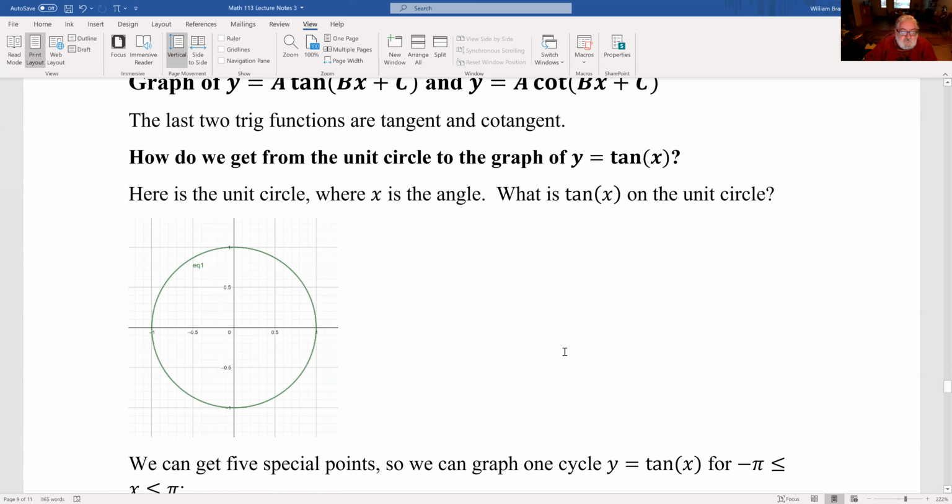So how do we go from the unit circle to the graph of tangent? Well, we have to think about what tangent is in the unit circle. How did we define tangent?